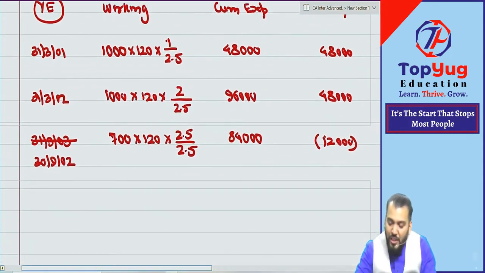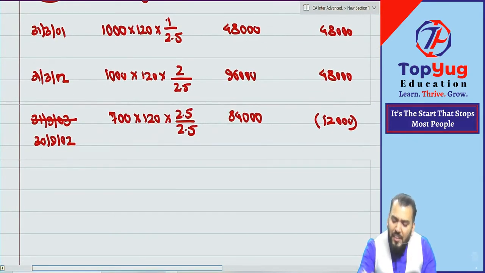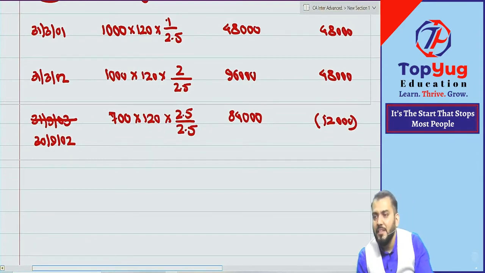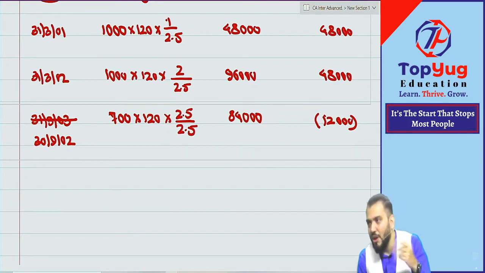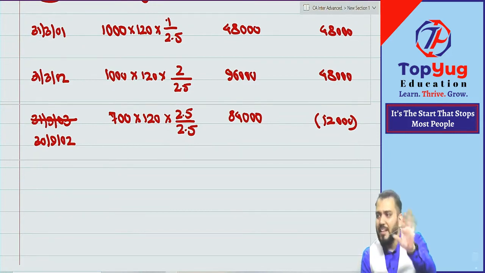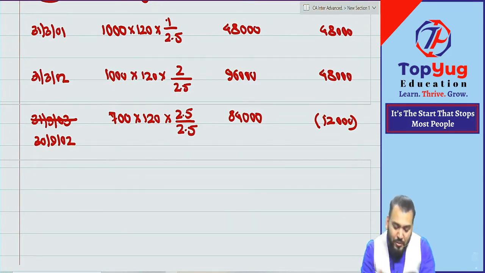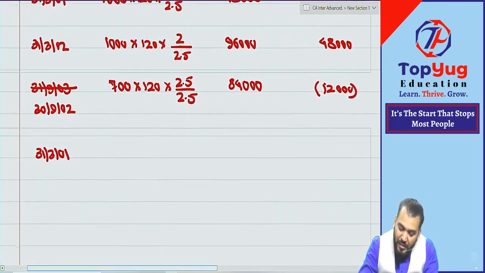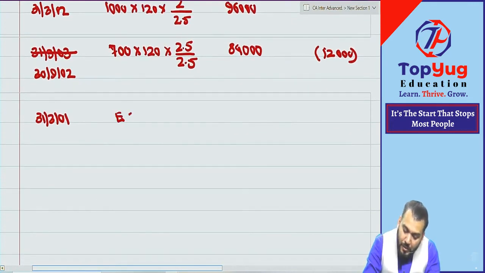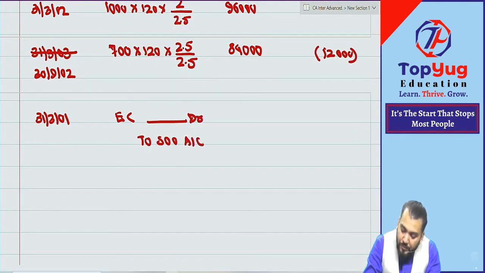Now, coming to the journal entry. First year's journal entry is done: employee compensation expense to stock option outstanding account. Second year also done. What will be the journal entry for the third year? First journal entry is what? Employee compensation to stock option outstanding account.